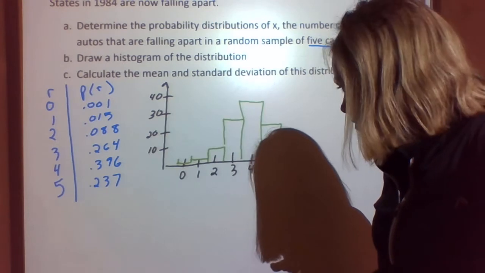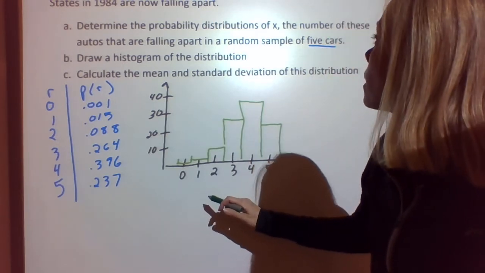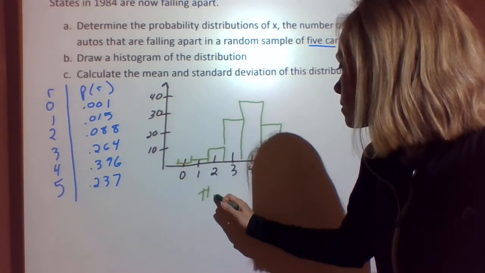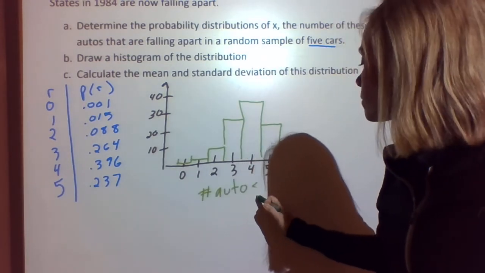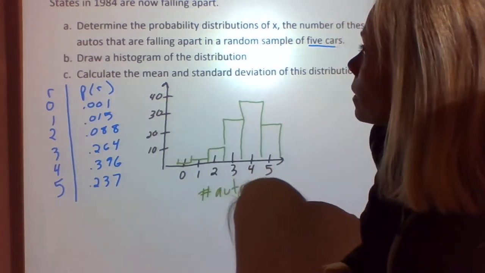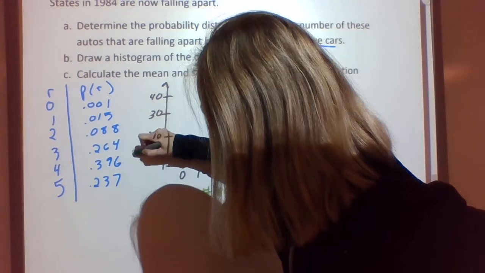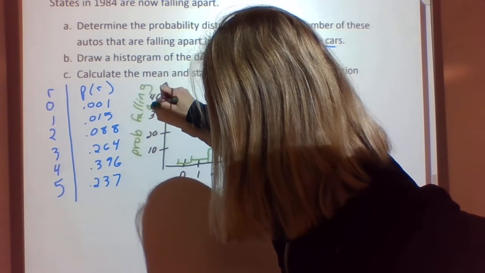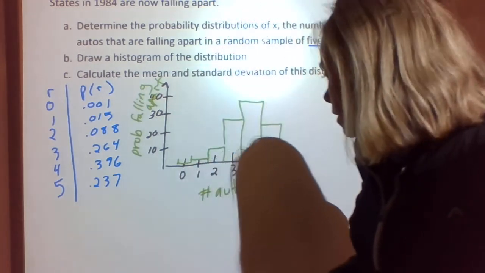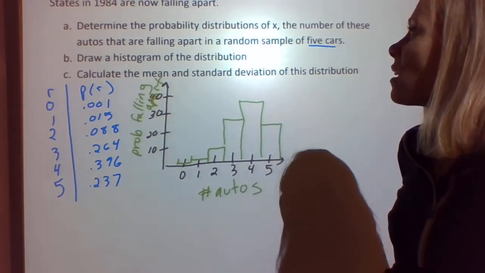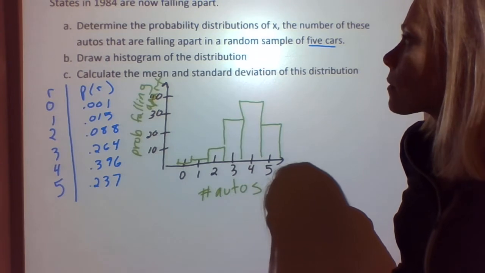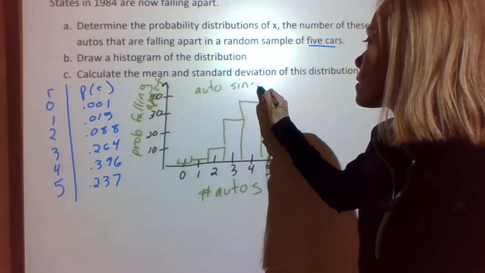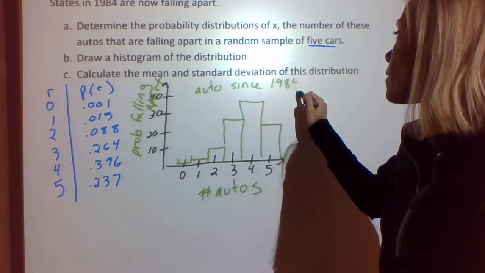Okay. Of course, we need some titles and labels. So this would be number of autos. This would be probability falling apart. And my title would be autos since 1984.